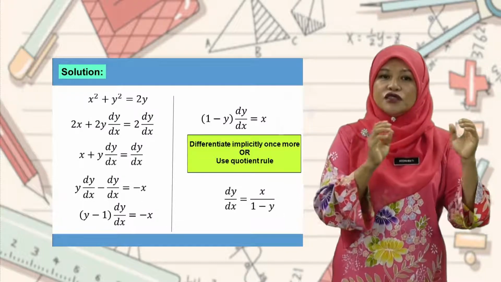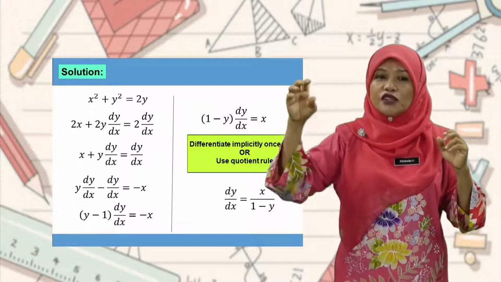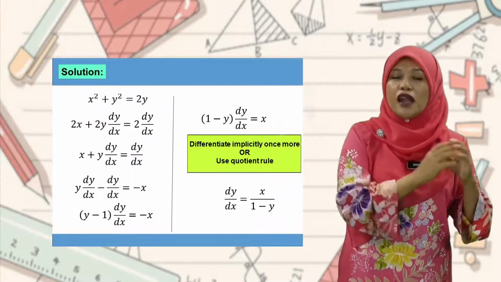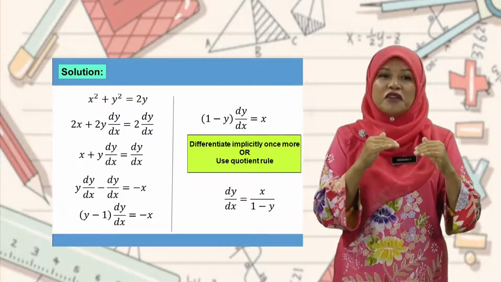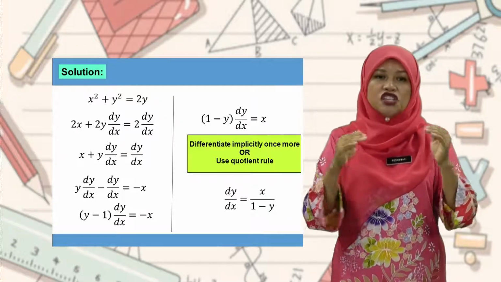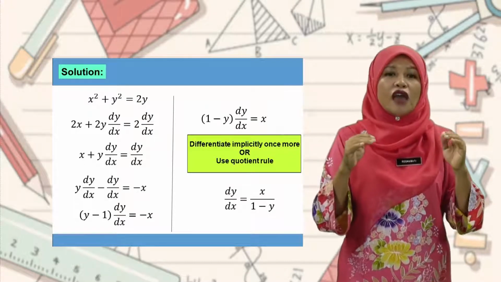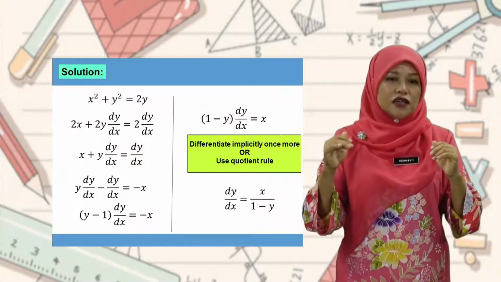Then we bring the dy/dx on the right to the left. Okay, and before that, we can simplify the coefficient 2 for each term. So we will have x plus y dy/dx equal to dy/dx.